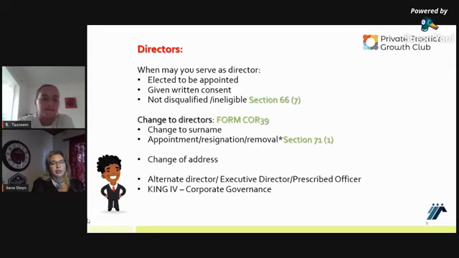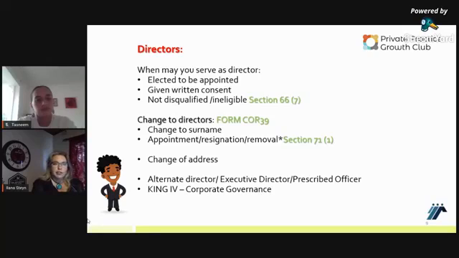And then you can also change the address of the director. Remember, if you move, your details are captured on CIPC. Say, for instance, I'm moving from Cape Town to Joburg, and somebody needs to send me a document to say that I'm not involved in the company and they now want to remove me as a director.